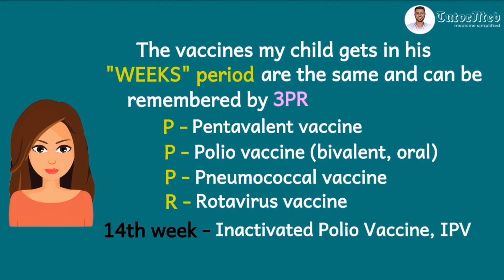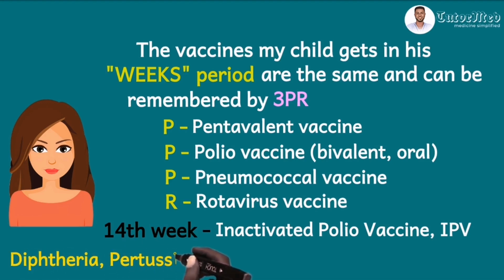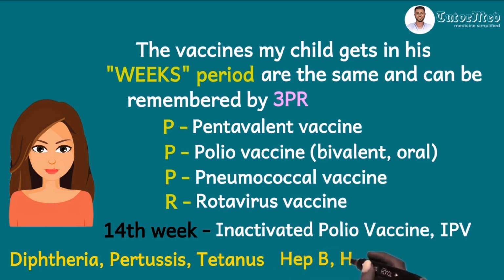And so the D stands for the diphtheria vaccine, P for the pertussis vaccine, then T for tetanus vaccine. And then the first H stands for the Hep B vaccine, then the last H stands for Haemophilus influenza type B vaccine. And so from this narrative, we've been able to get the various vaccines given at week 6, 10, and 14 weeks.